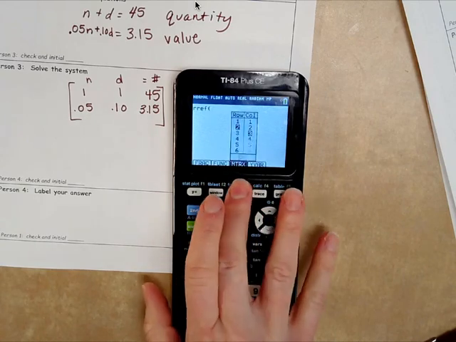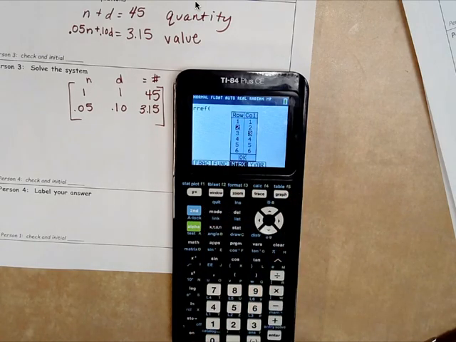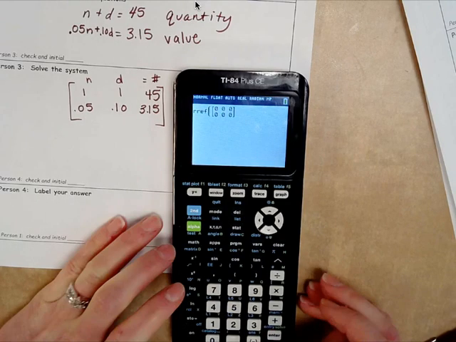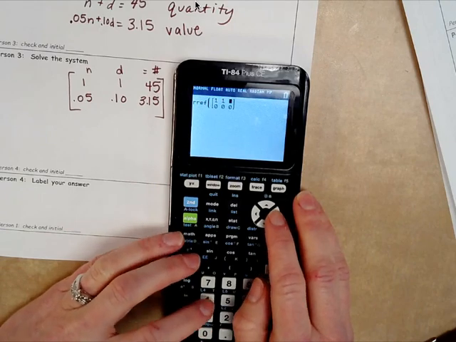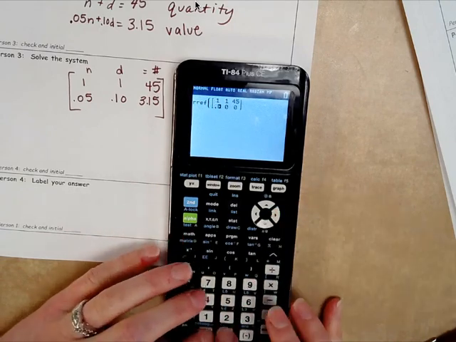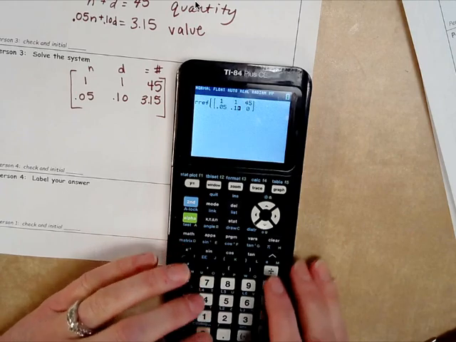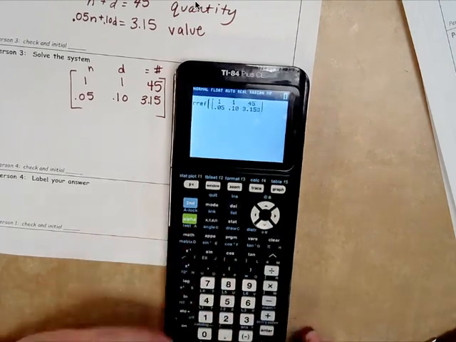And then do alpha zoom and a 2x3 matrix. Then plug in your entry. So 1, 1, 45, 0.05, 0.10, and 315.